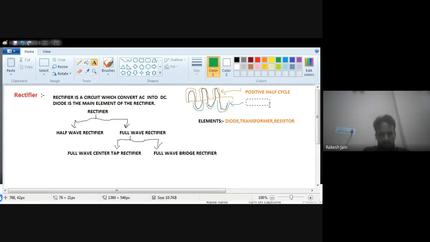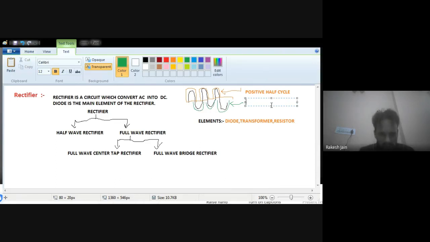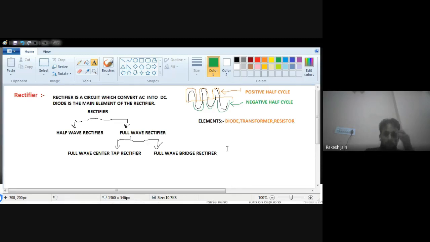With the help of a positive half cycle and a negative half cycle, one cycle is completed. A rectifier circuit converts AC into a pulsating DC, not pure DC. At the output we will find a pulsating DC in which some part of the AC is also mixed.